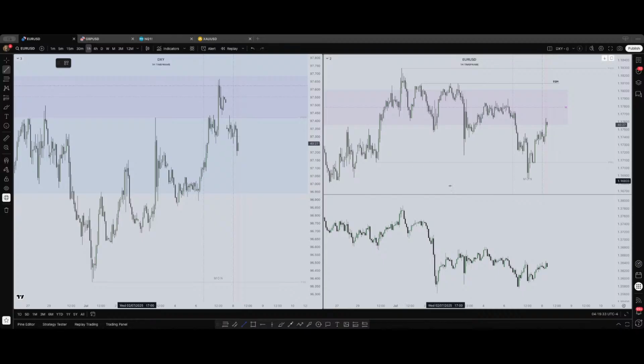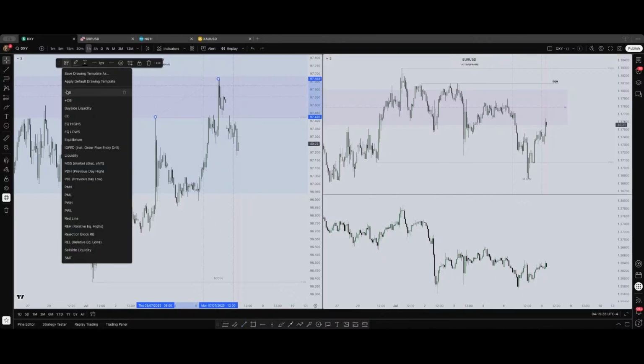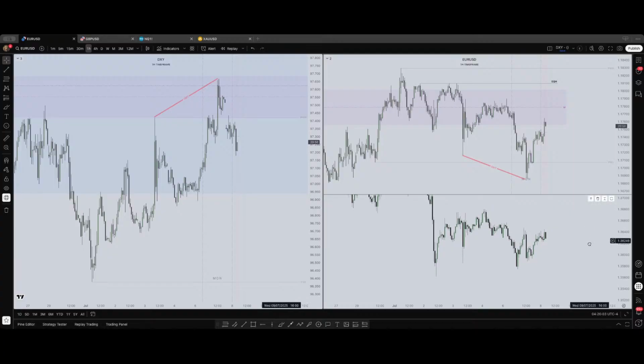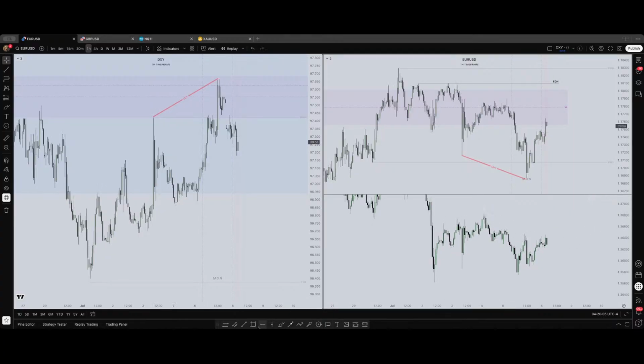I use, for example, you can see here, I put the red line. If the dollar is making a higher high, you're expecting the opposite in Euro USD or GBP USD. You can see here a lower low, but in this case GBP USD wasn't making a lower low. Sorry, I'm doing this wrong now. Let me check the date.